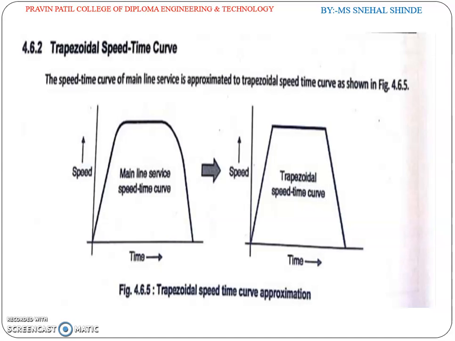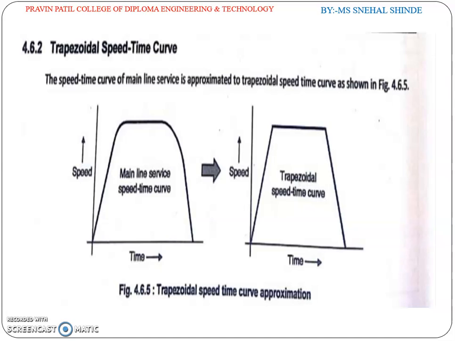So we can make the calculations easier, and it may cause some error because of the change in shape, but it is negligibly small, because you can see in the figure the mainline service has a curvy shape at the top, and the trapezoidal curve is slightly a straight line.